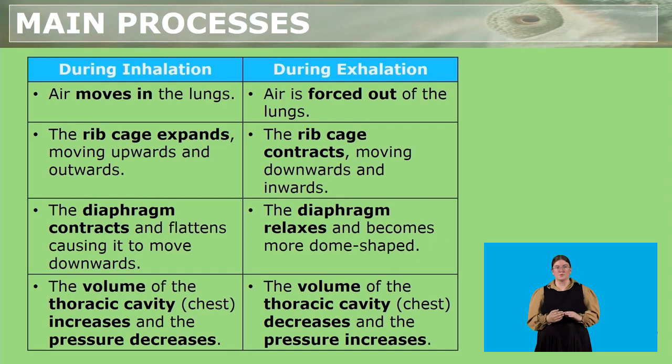So it is not flat like it is during inhalation. There, it is more dome shaped. The volume of the thoracic cavity, meaning the chest cavity, will now decrease because there's less air in the thoracic cavity, and the pressure increases.